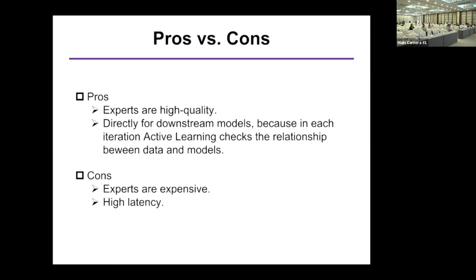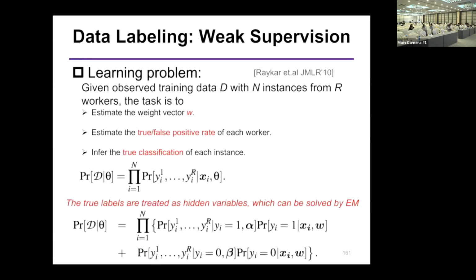So the pros of active learning are that experts are always high quality, and it is directly for downstream models because in each iteration, active learning checks the relationship between data and models. And the disadvantages are that experts are always very expensive, and it needs high latency to label this data.